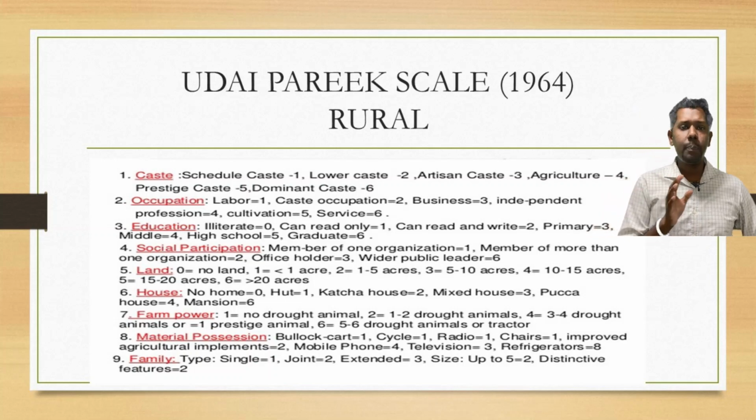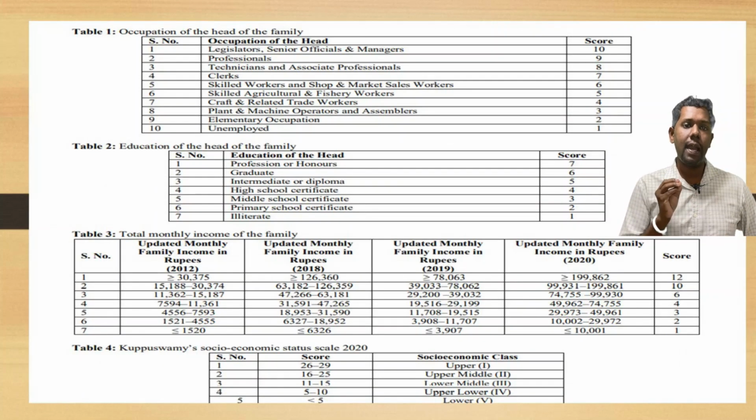Another important scale useful for assessing socio-economic status, which you are going to use for your examination purposes, is the Kuppuswamy scale. The Kuppuswamy scale was originally given in 1976 and was further modified according to the various family income categories, according to the present per capita income of India. The last data we have obtained is March 2020.